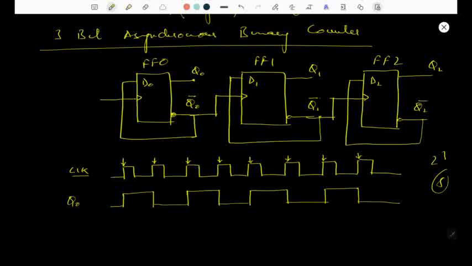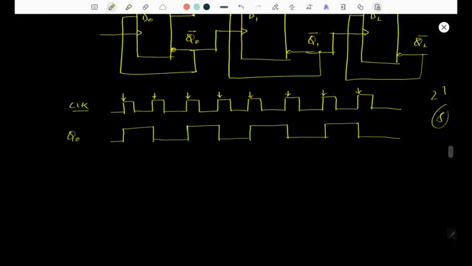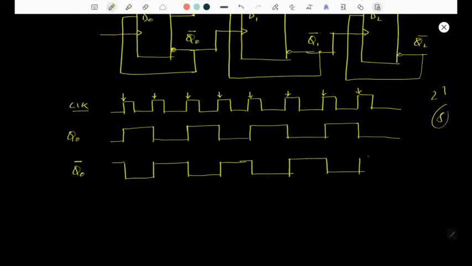What will be Q0 bar? Q0 bar will be just opposite to that. This Q0 bar will behave like a clock pulse for FF1, the second flip flop.